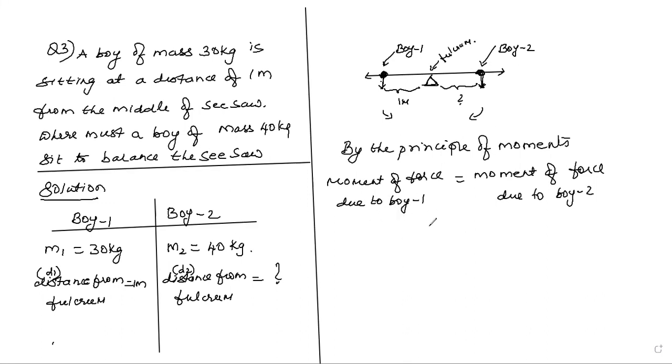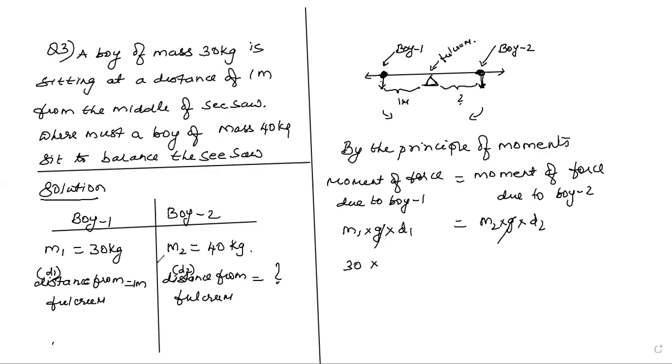So here the force is m1 into g, and the equation becomes m1 into g into d1 equals m2 into g into d2. Actually, nobody writes the g. They just show m1 into d1 equals m2 into d2. Just for the sake of your understanding, I showed it. Why do they write only m1 and m2? Actually the force formula should come, and what is the force formula? m1 into g. This g appears on both sides, so it gets cancelled. That is why they do not show it later, so you also need not show it. I have written g only to explain.